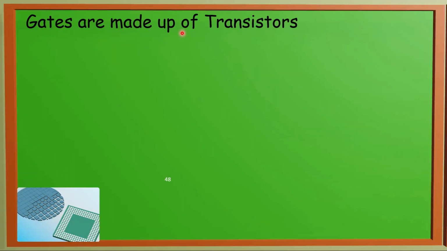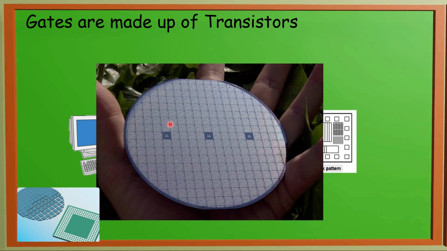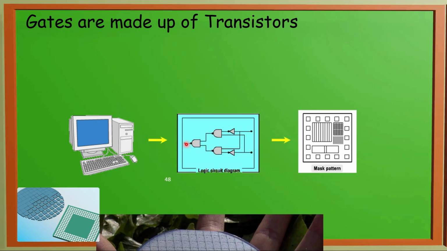So what are we doing? We are making these gates by using transistors. We have to write a program by using Verilog. Suppose we are talking about gate level design. We will design a structure using gates on our computer. Then that particular gate structure, in the form of a mask, will be given to the system, that is, to the chips prepared on the wafers after processing in the IC technology lab.